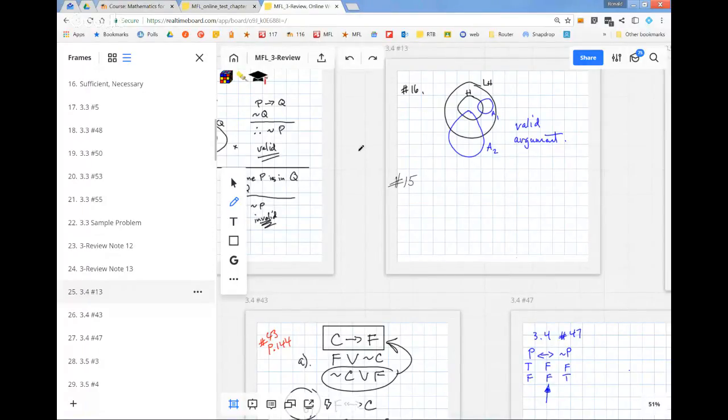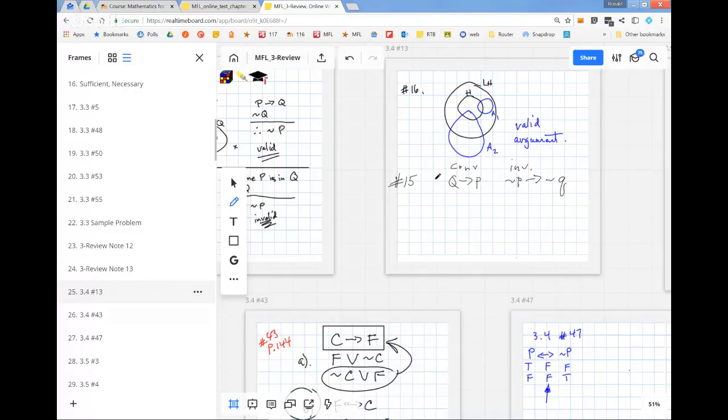That's correct. So there's the converse. What is the inverse of if P then Q? That's where you leave them both in the same order, but you negate them both. So if P then Q, the inverse is if not P, then not Q. Correct.